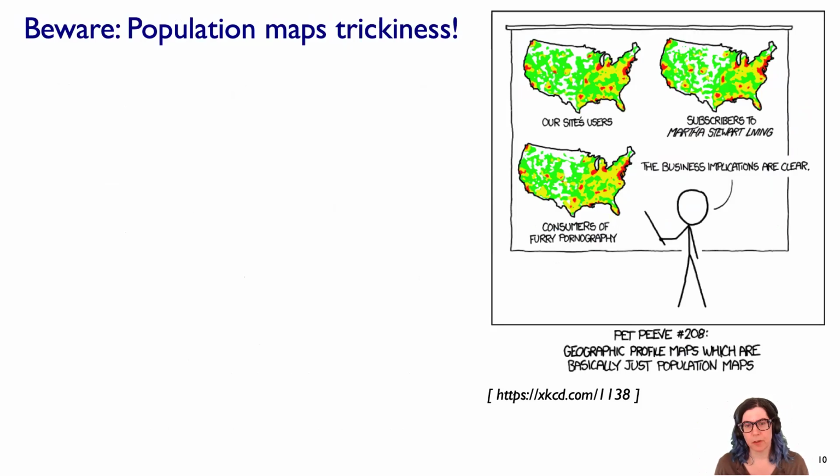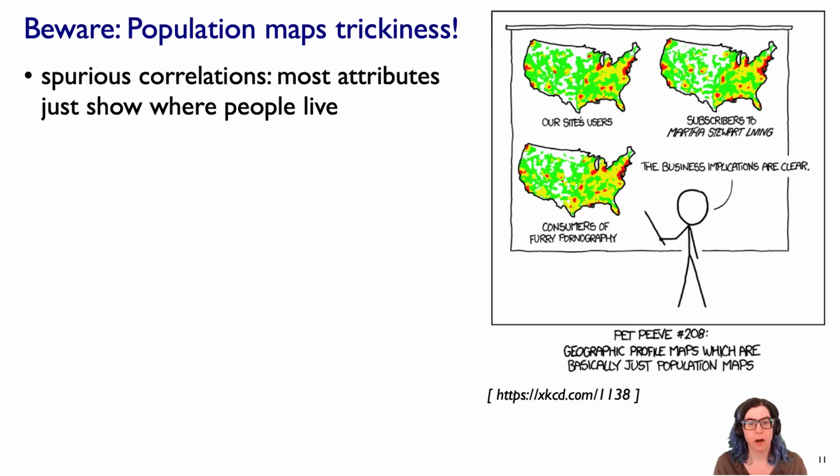Now, one thing to be careful of is population maps have a real issue, which is they're correlated with where people live and what the attribute shows. And as this snarky XKCD comic shows, there's a whole bunch of spurious correlations because almost every attribute you might imagine is highly, highly, highly related to simply showing where people live.